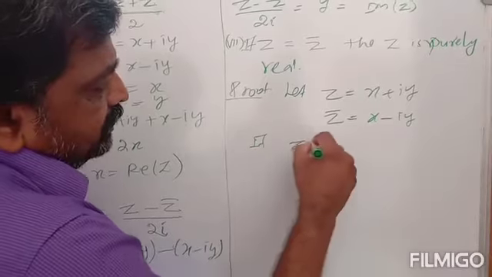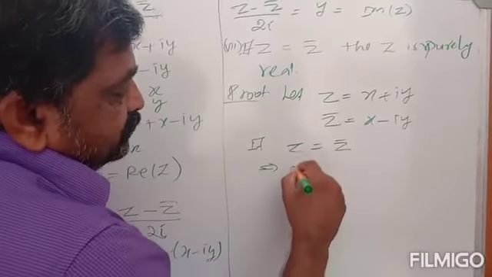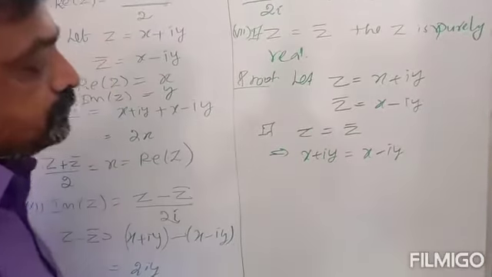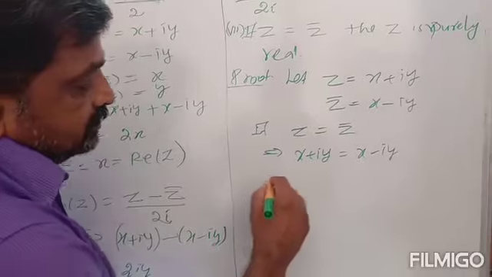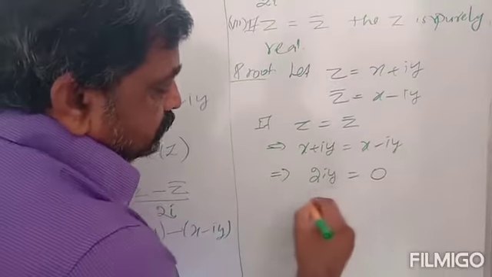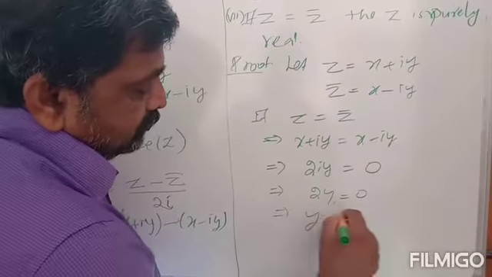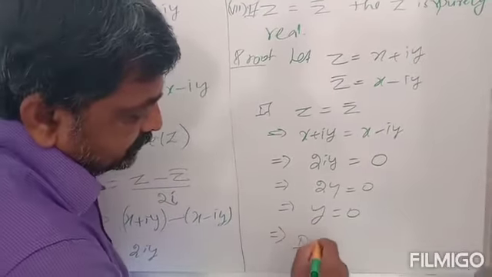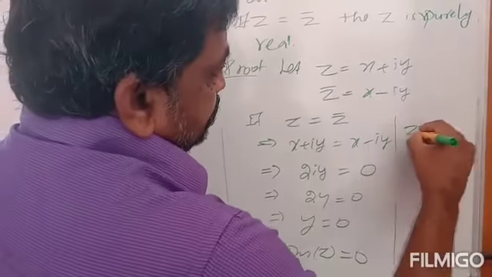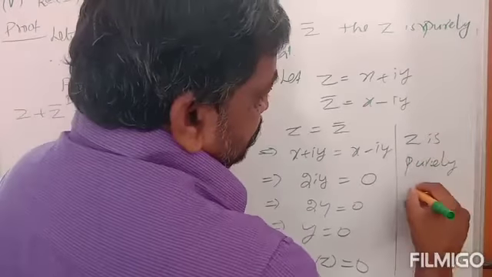If z equal to z bar, this implies x plus iy equal to x minus iy. This implies x cancel, so 2 into iy equal to 0. This implies 2y equal to 0. This implies y is equal to 0. This implies imaginary part of z is equal to 0. Therefore, z is purely real.